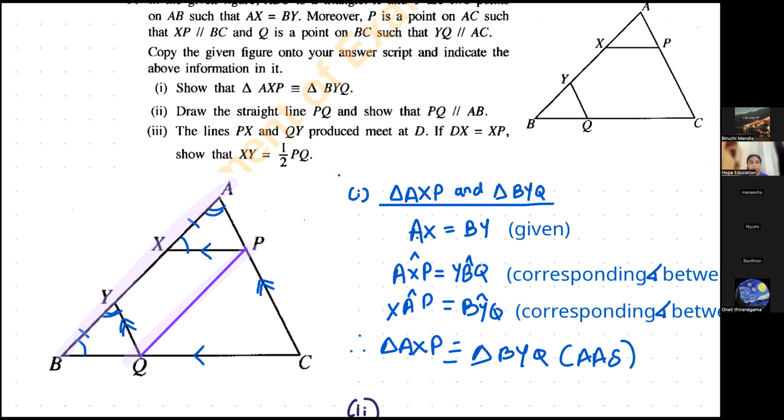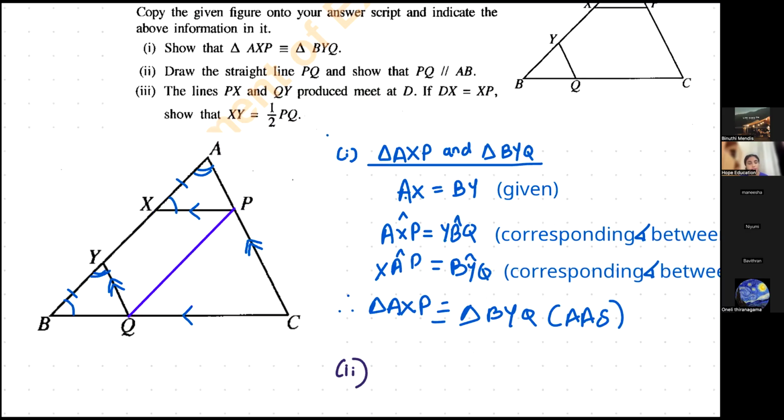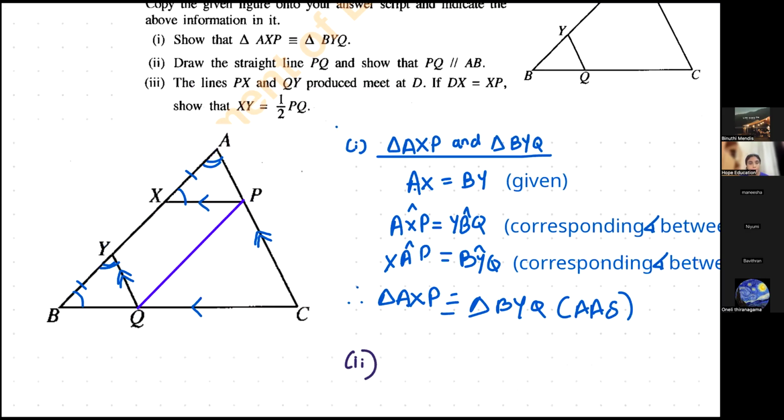Let's see. This is one way. If you have any other ways, you can say. Since these two triangles are congruent, we can say that this length and this length are equal.